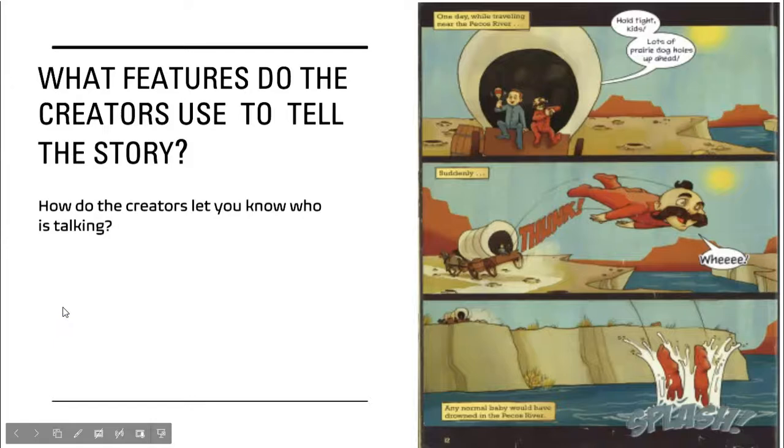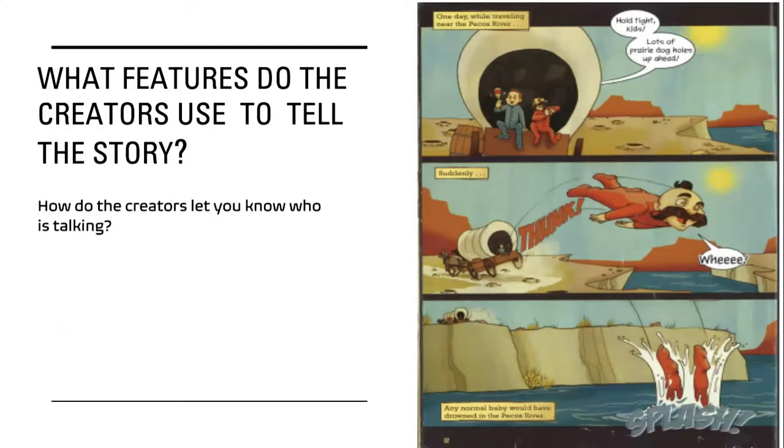But what features do the creators use to tell the story? I want to know, how do the creators let you know who's talking? Well, they use speech bubbles, and I bet you guys are familiar with that. They're usually round or oval shaped, but not always. And they have a little tail or a little pointer, as some people call them, pointing to the person that is speaking.